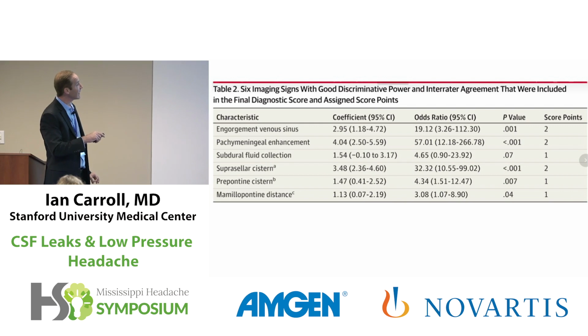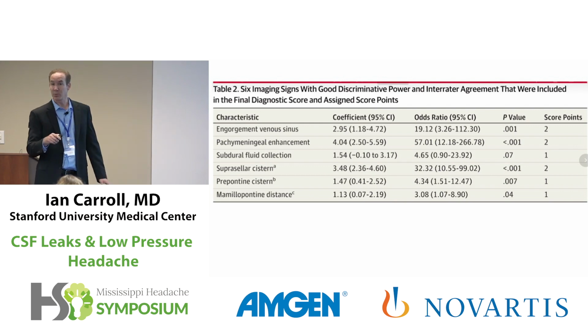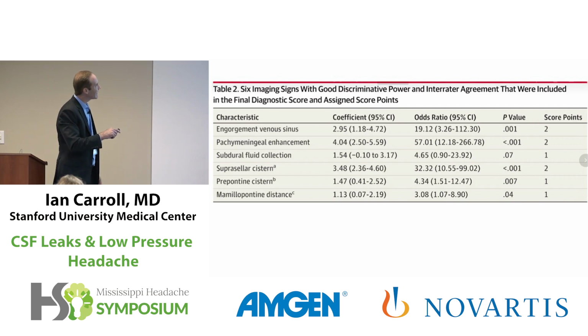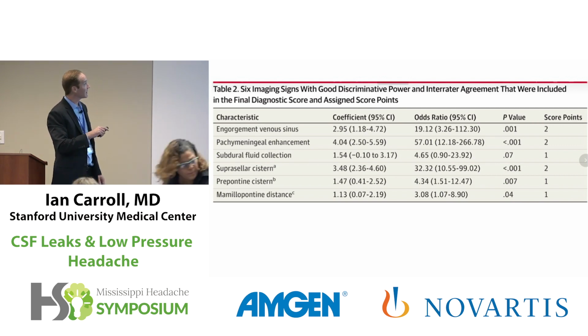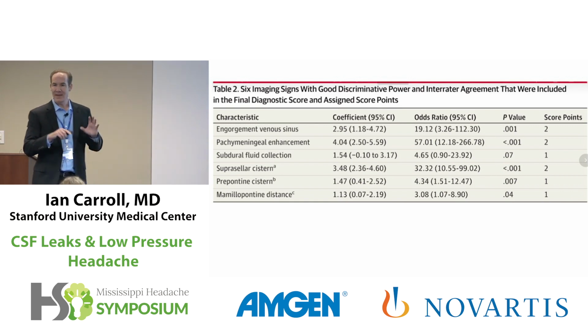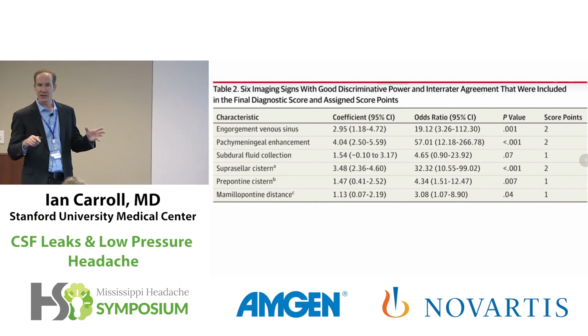That pachymeningeal enhancement predicts whether you're going to have a positive CT myelogram. And venous sinus distension, which has been previously reported, also predicts a positive CT myelogram. But these little subtle measurements, suprasellar cistern, prepontine cistern, mammillopontine distance, in fact, were just as predictive and independently predictive of that than that pachymeningeal enhancement.